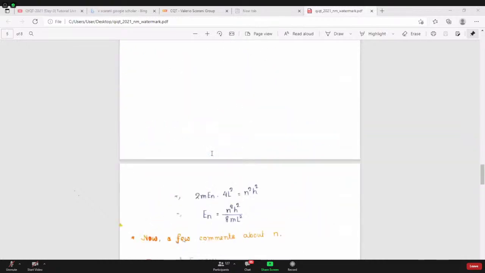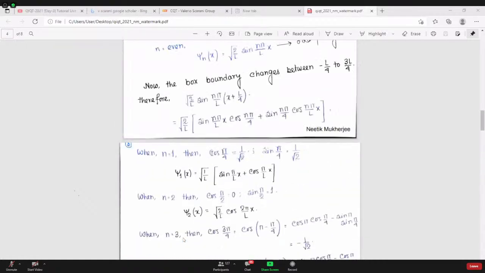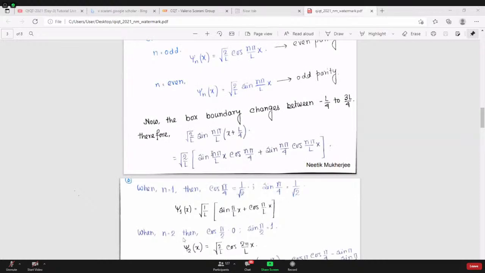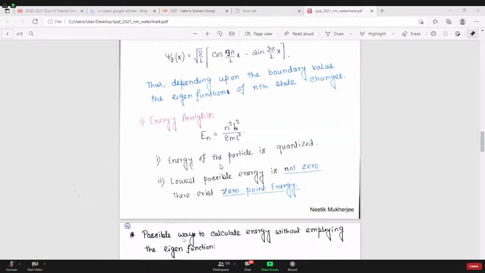But in the particle in a box, our box length is L. That means your delta x can never exceed L. So if n becomes 0, then it violates that condition. So there should be a certain finite value of energy so that the uncertainty principle is validated.